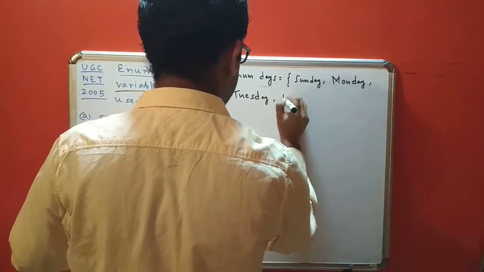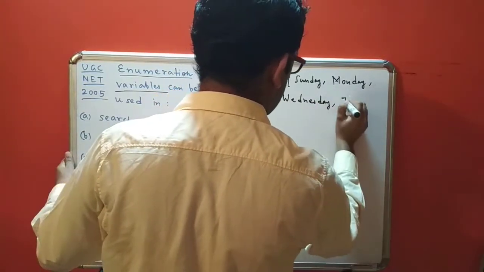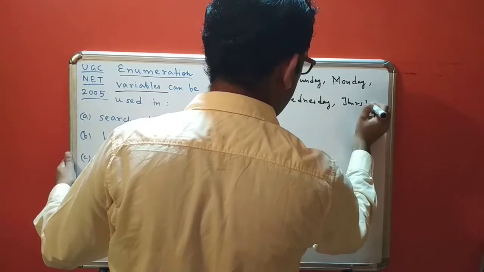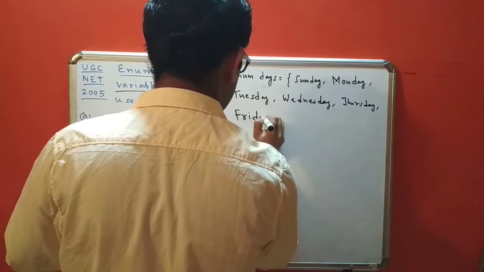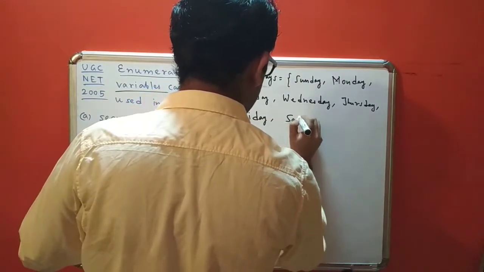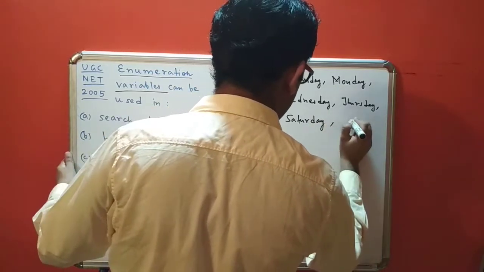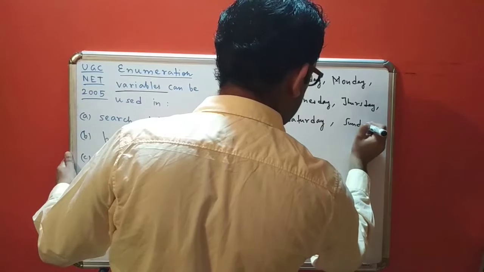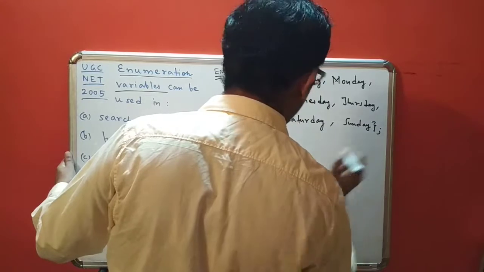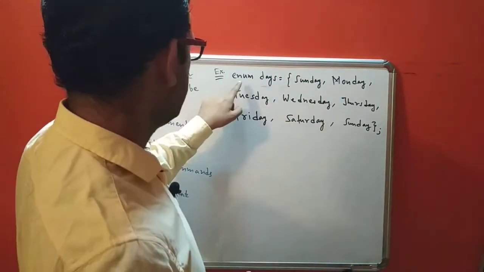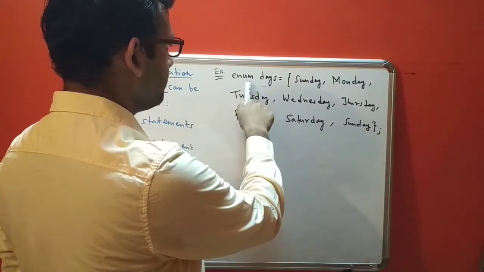So I'll go as fast as I possibly can. Wednesday, and here comes Thursday, and we have Friday as well, followed by most awaited weekend period, Saturday and Sunday, where you have to think about beginning another week. Anyway, so see, I have declared a variable called days, and it is of type enum.